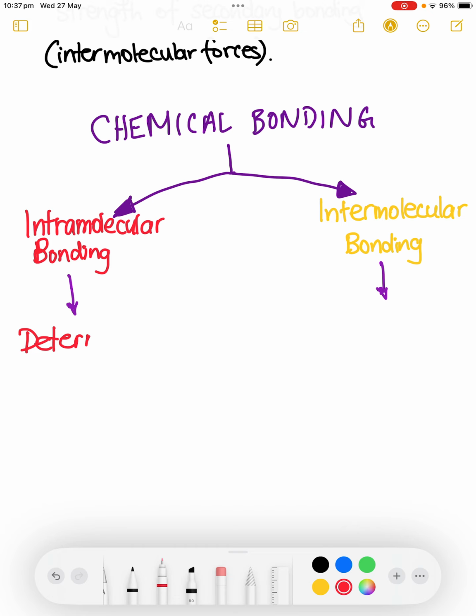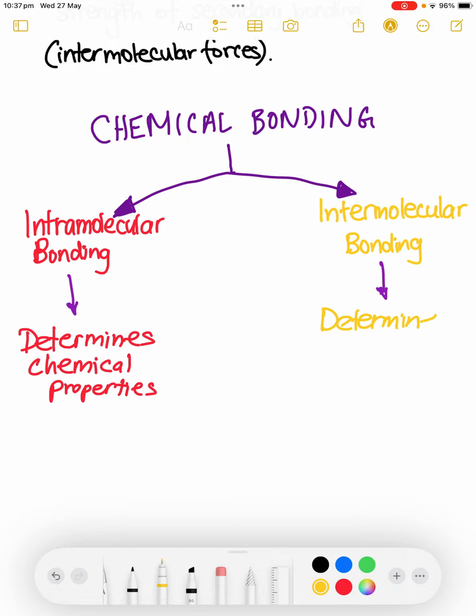This here determines chemical properties, whereas this here determines physical properties.